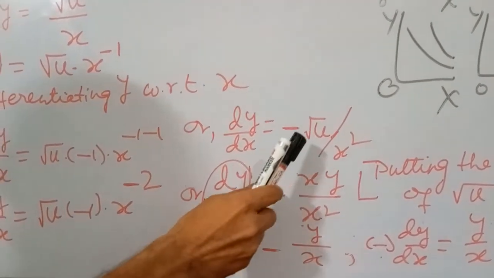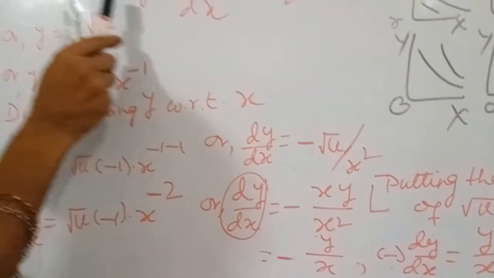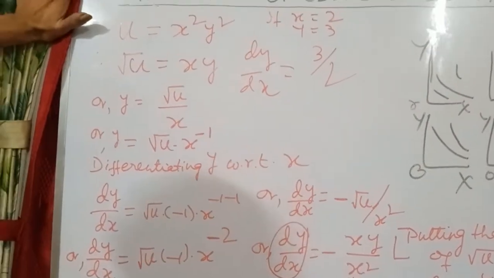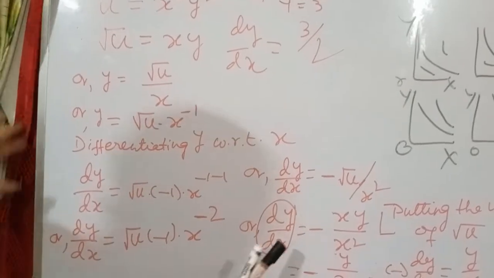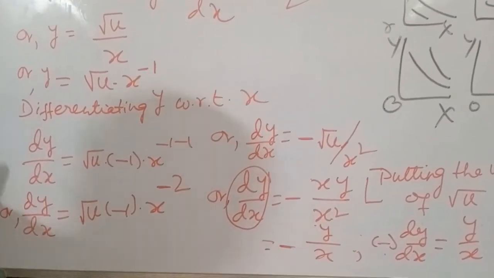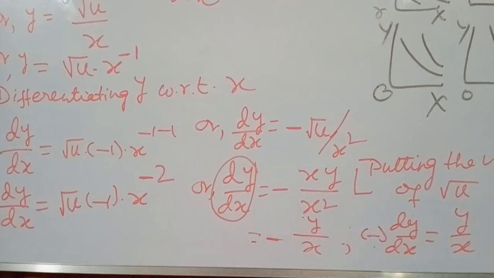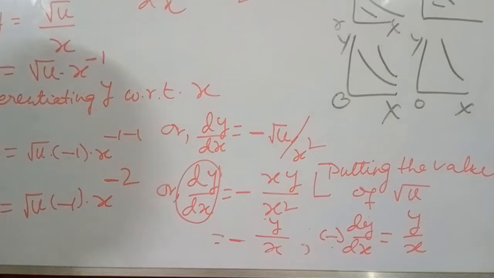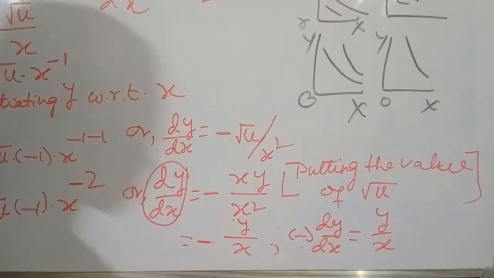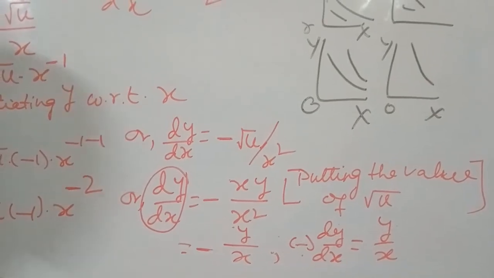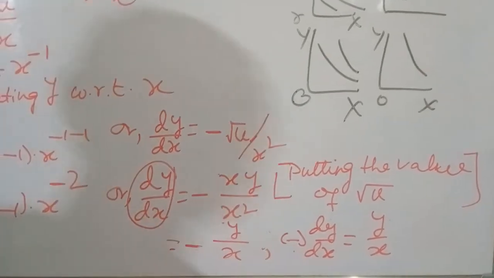Now we put the value of root over u in this equation. So we get dy dx equals minus xy by x square, that is equal to minus y by x. Now since indifference curve is downward sloping, dy dx is actually negative. But for all practical purposes, we ignore this negative sign.